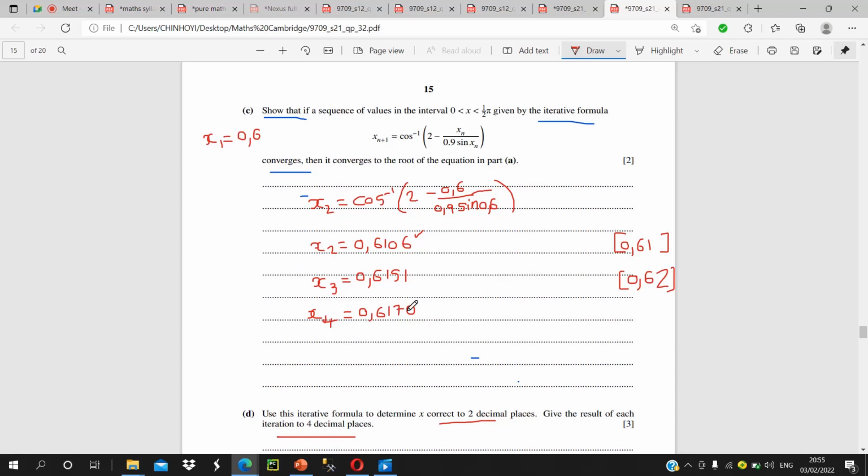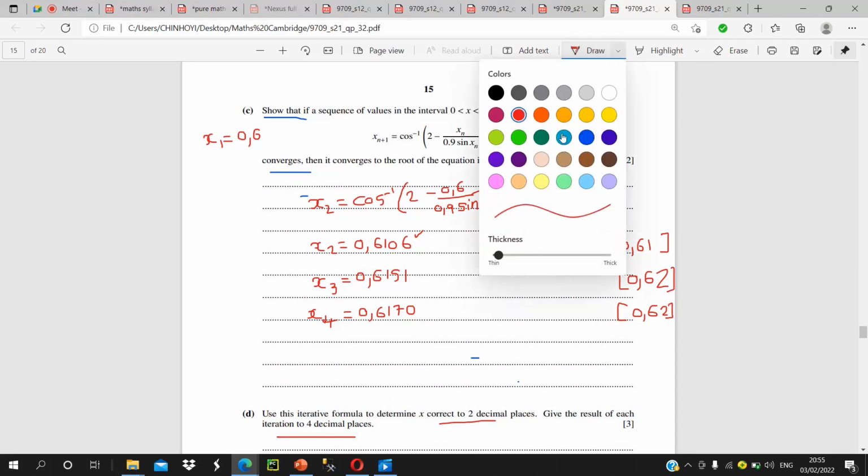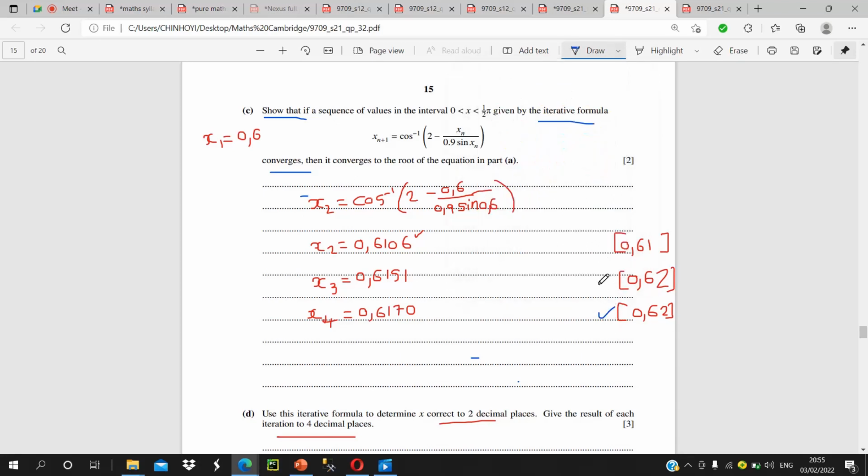Yes. Then if you round it to 2 decimal places, what do you have? 0.62. Yes. And now the numbers are the same, right? Yes. Then we stop the iteration. That will be our answer once we have 2 consecutive numbers being equal. So the value of x to 2 decimal places is 0.62, right?